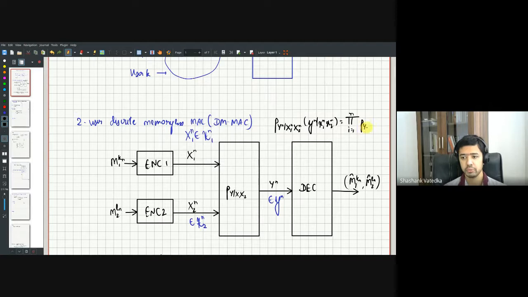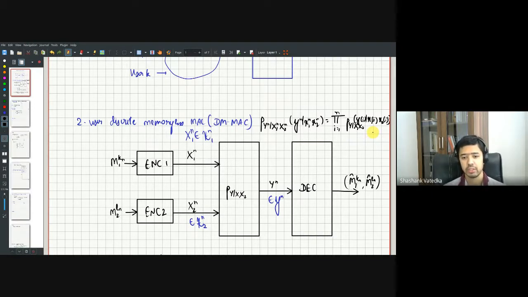It is the product over i of P_{Y|X1,X2} of y(i) given x1(i), x2(i). Alright, so we say that the channel is memoryless if this happens.